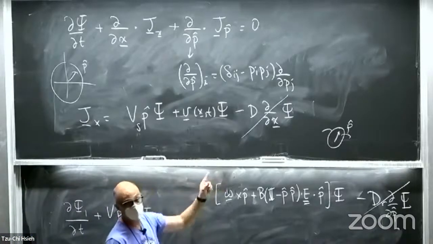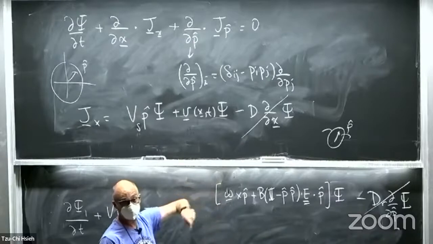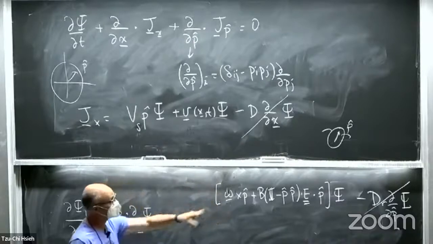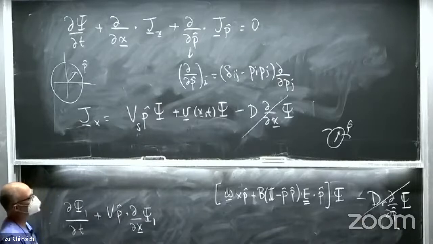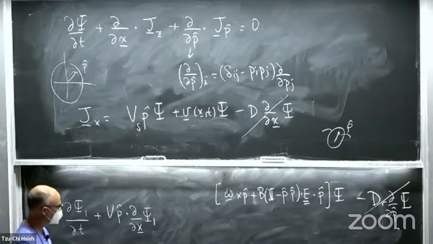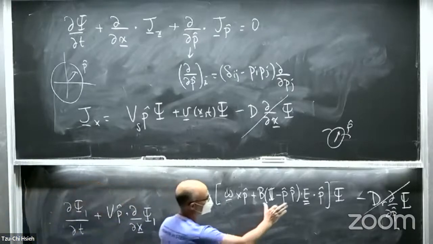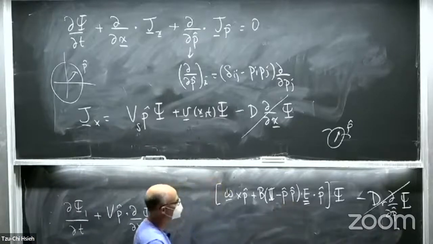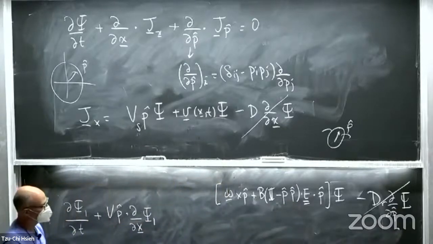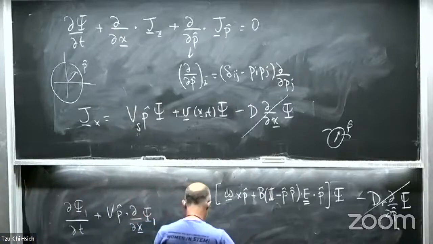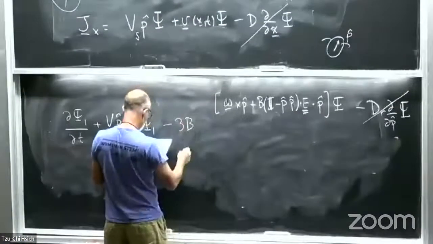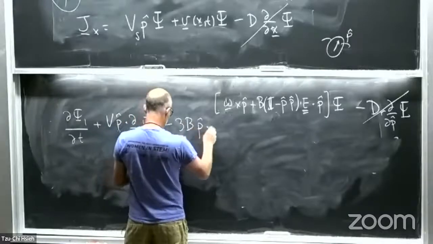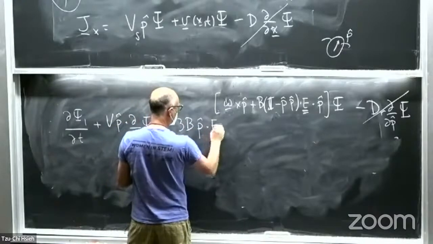This corresponds to the uniform rate of rotation that I drew over there with the circles. Because of the way that the p's are perpendicular to the projection, you can check that. That doesn't enter. The only thing that enters is this term. So I have to take the divergence of that. And you can see there are 3 p's here, and you can be more careful than I'm being right now. And it turns out there's a factor of 3 that enters here.